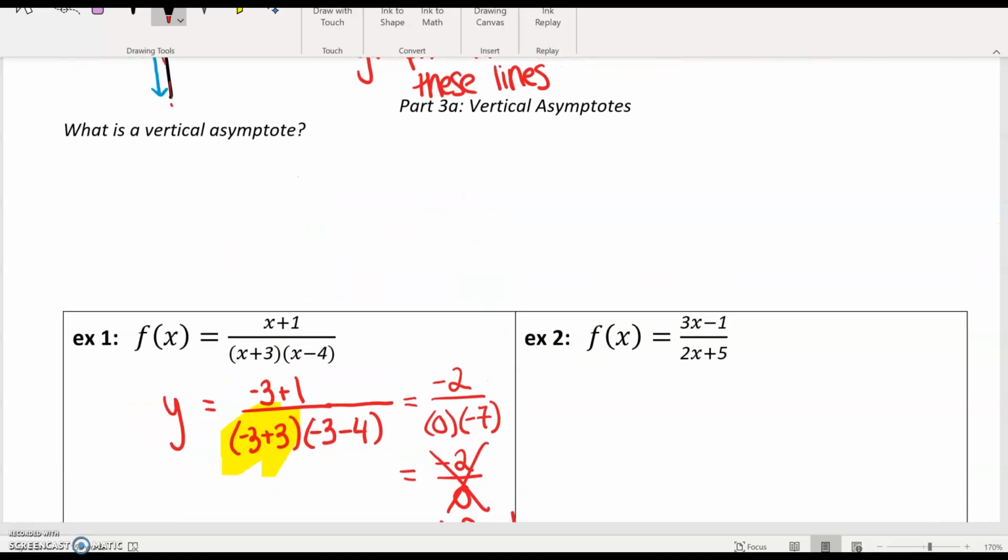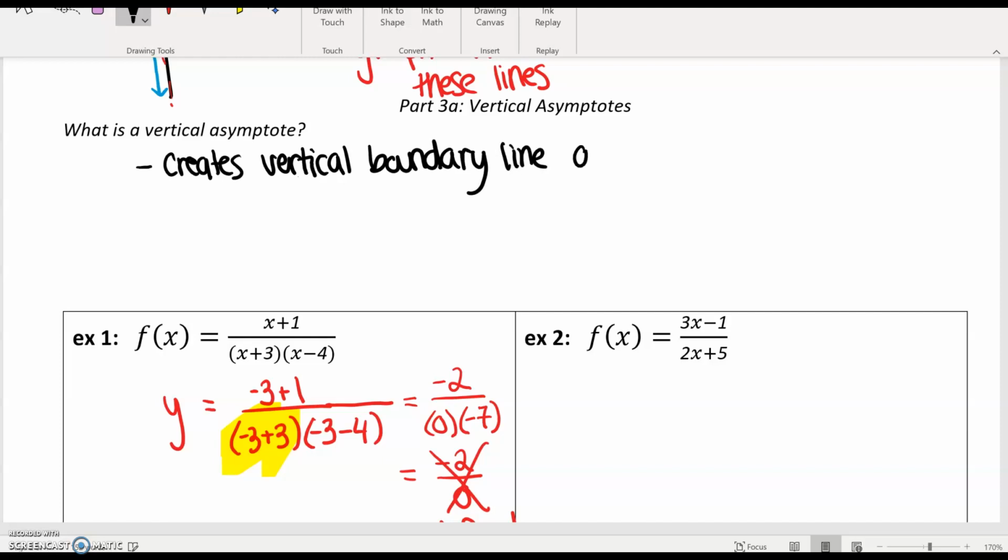Okay, so what is a vertical asymptote? So first thing, it creates a vertical boundary at an undefined value.